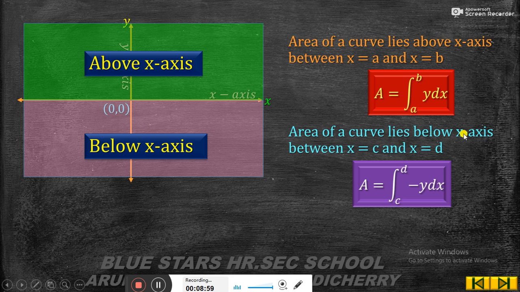Area of a curve that lies below x-axis between x equal to c and x equal to d means A equal to integral c to d minus y dx. This is the formula for the area equal to integral c to d minus y dx. So this is the area for below x-axis, this is the area for above x-axis.